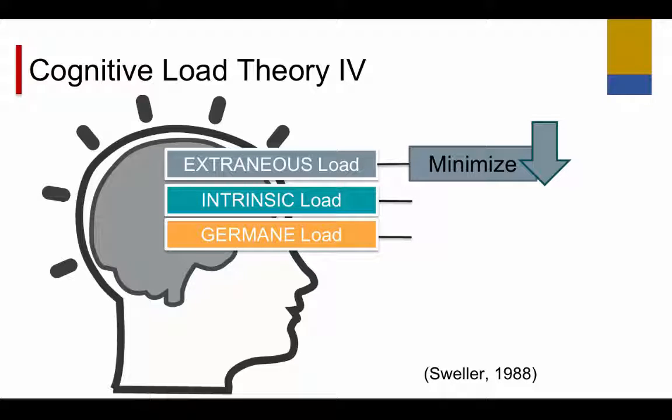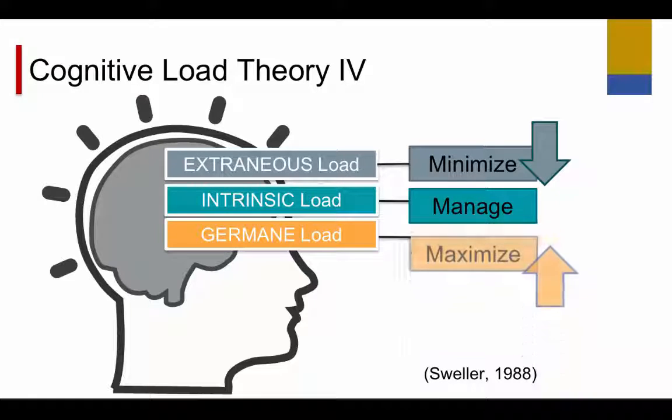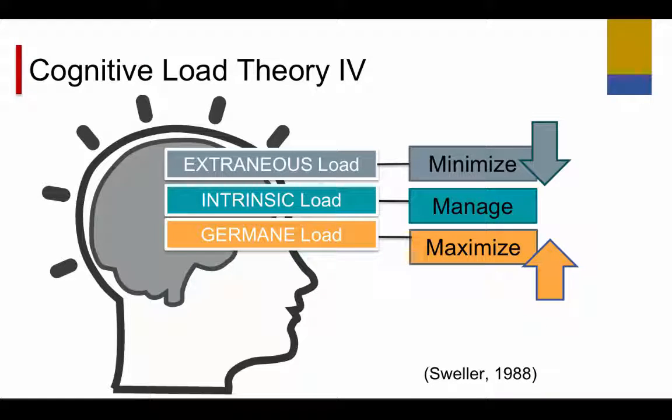Intrinsic load is the routine to process the information, so it should be managed while learning. And the germane load, learning, is to create new schemata, new cognitive strategies, and problem-solving skills by maximizing the use of germane cognitive load.